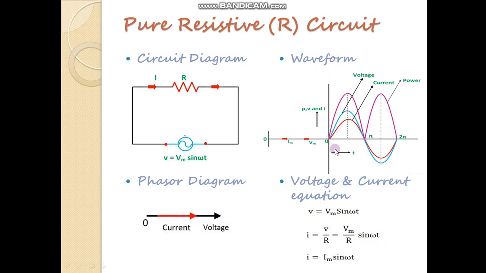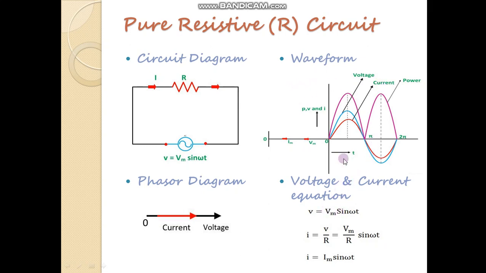Waveform: here you can see this blue color graph is for the voltage and this red color graph is for the current. Both the voltage and current are starting from the same instant and ending at the same instant. Means both voltage and current are in phase for the purely resistive circuit.